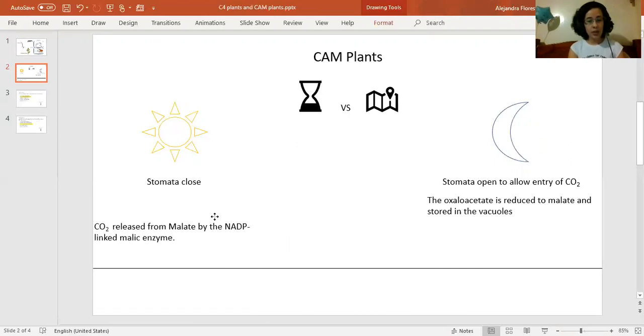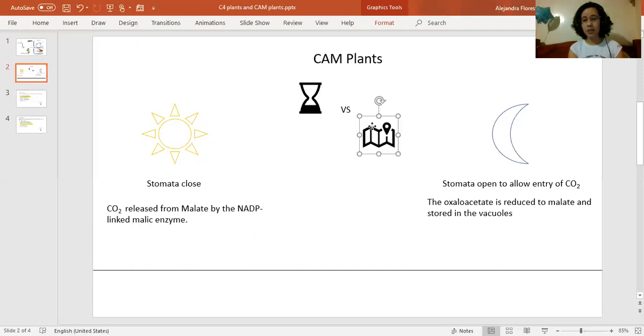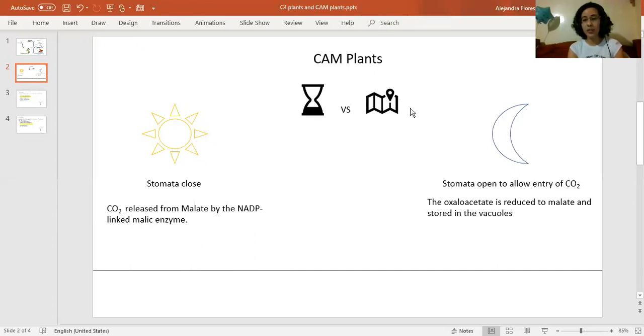And the last part is that CO2 is gonna be released from malate by the NADP-linked malic enzyme, as in the C4 plants as well. And that's how it separates both systems. This system uses time, compared to the C4 plants that use space, or the spatial separation. So that's all on my part. Thank you so much.